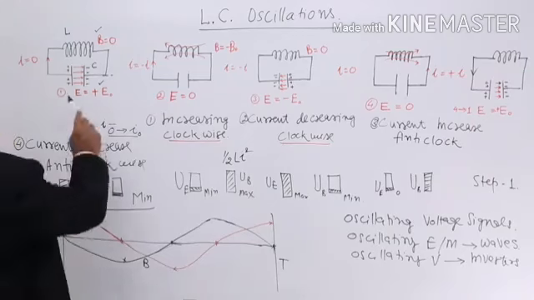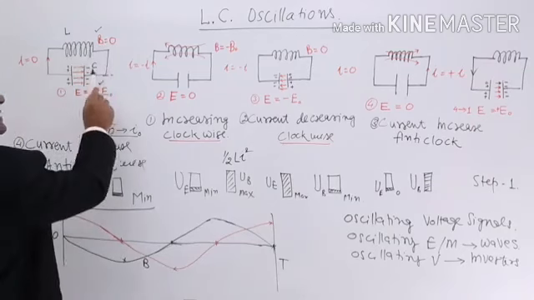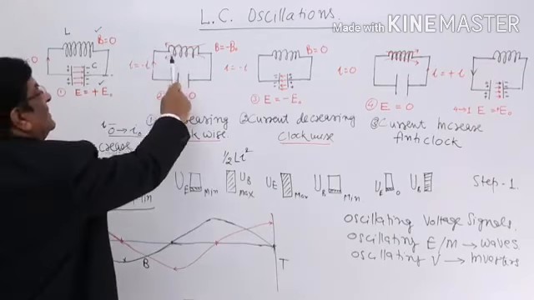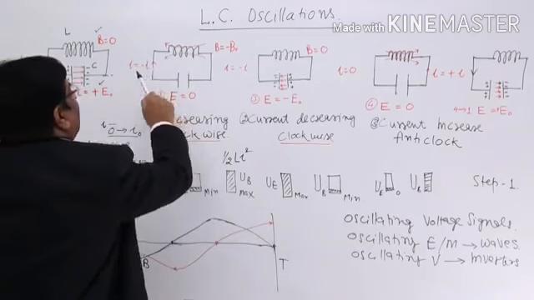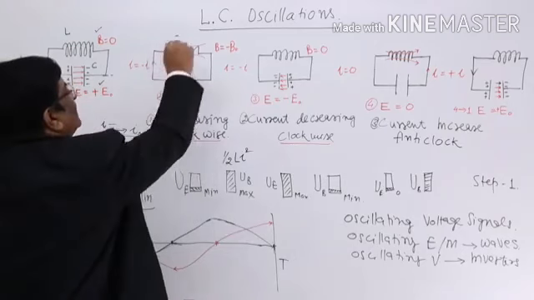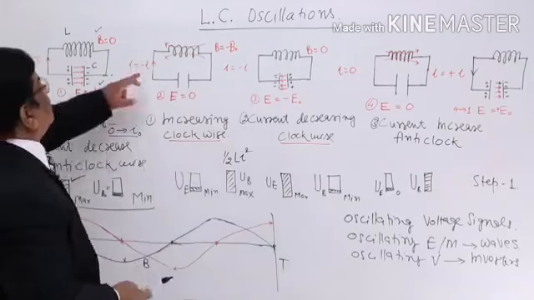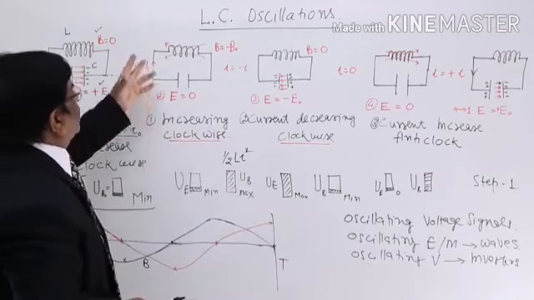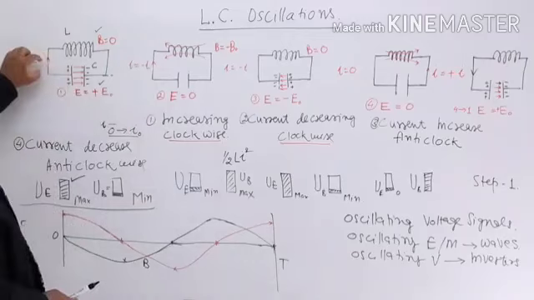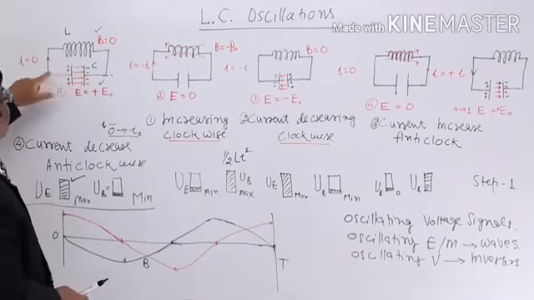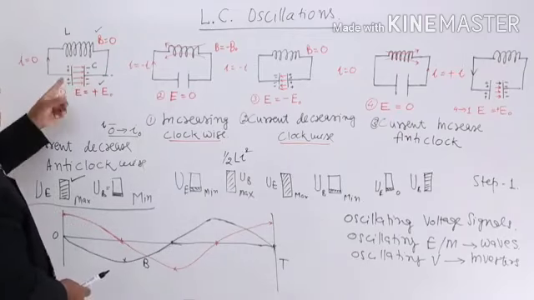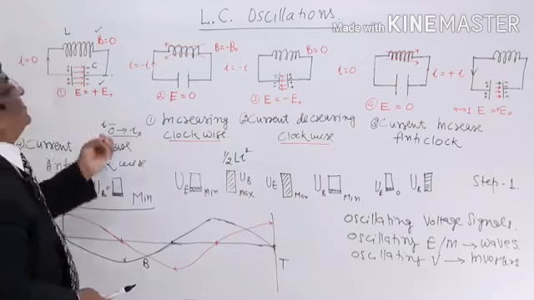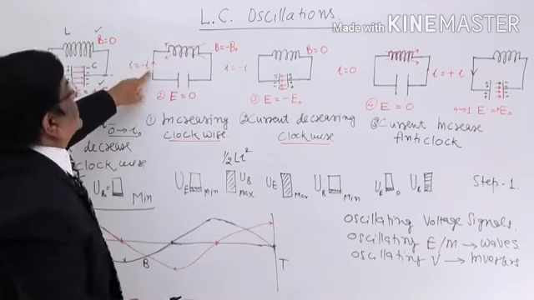Now when the charges are going here, current develops in it, and this current I write minus I because it is clockwise. When this current flows, grows, increasing clockwise, because all these charges want to rush to the negative charges, the current from 0 increases to I value.